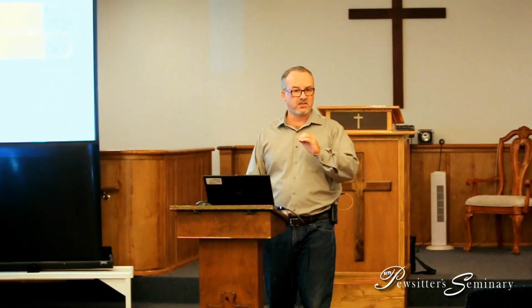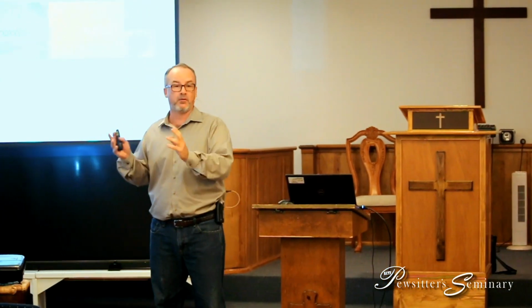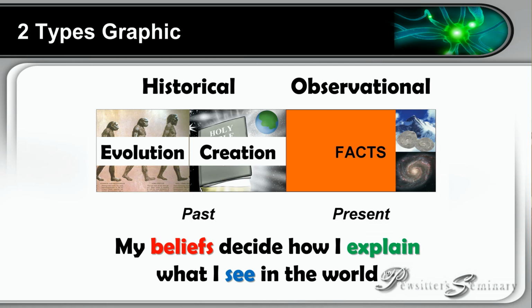Does that make sense? So in each case, you have to put your faith in one or the other. It's not a matter of science and evolution being hard and cold fact, and Christianity and faith in the Bible being just all about faith. Not true. They are both trying to explain something that happened in the past. My beliefs decide how I explain what I see in the world.